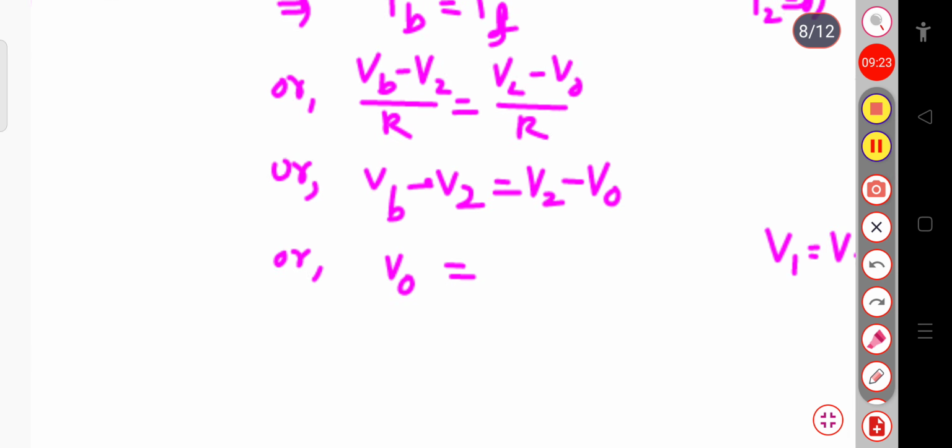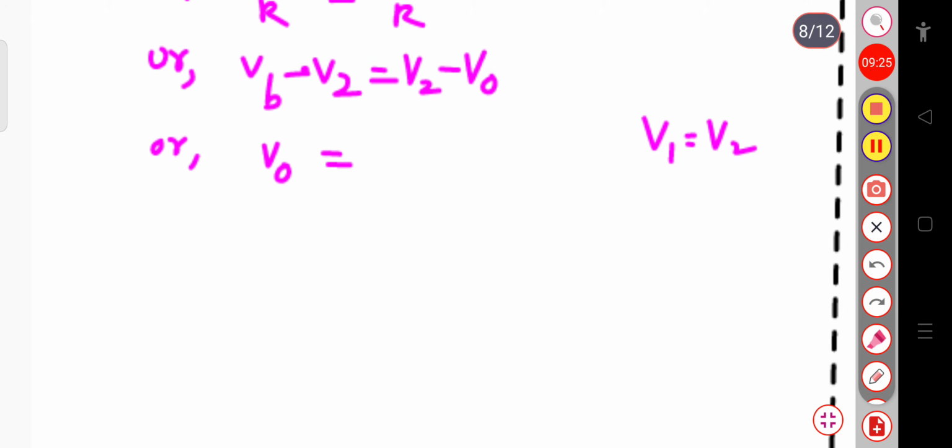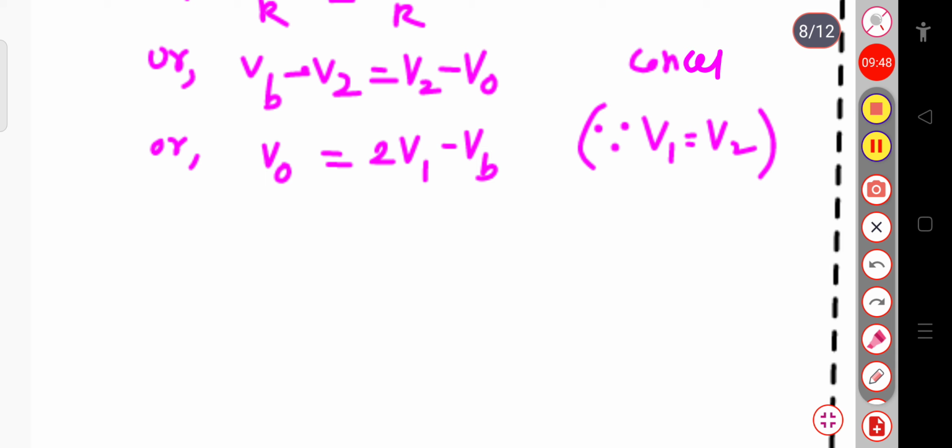Substituting V1 for V2, we will get VO equal to 2V2 minus VB, and now we can write this as 2V1 minus VB, in place of V2 substituting V1 from the concept of virtual ground.